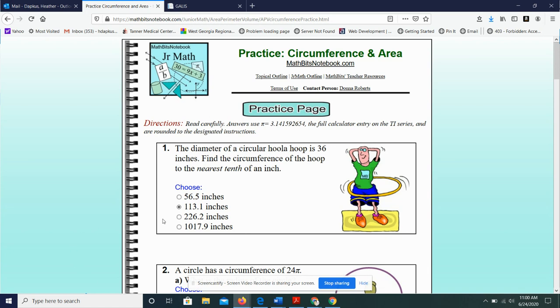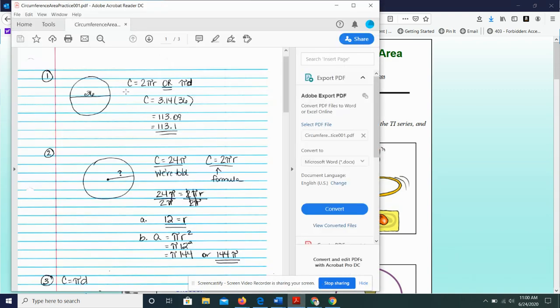I've already got this first one checked. The diameter of a circular hula hoop is 36 inches. Find the circumference of that hula hoop. To get the formula for circumference, go to your formula sheet that I sent y'all yesterday. The circumference of a circle is either 2 pi r or pi d, where r is radius and d is diameter.